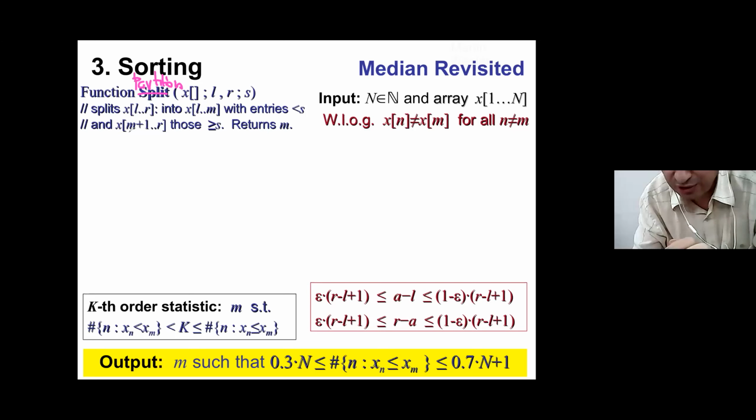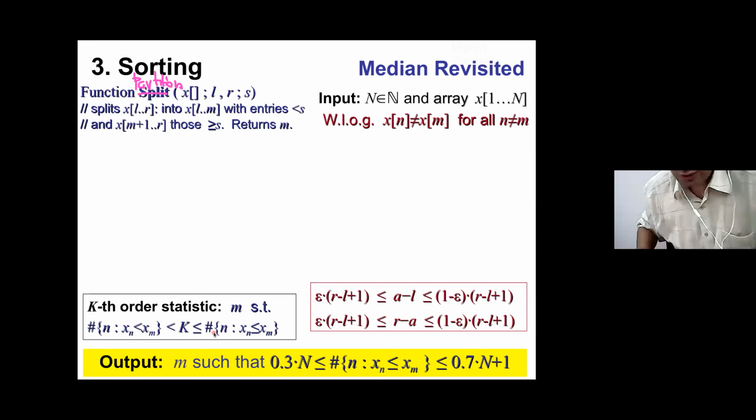So the order statistics was that if you're given an array and a number k between 0 and the size of the array, you want the index of the element in the array so that the smaller elements are exactly k. Or let's say I write it in this way here. Since they do not need to be exactly k, they should satisfy this inequality.